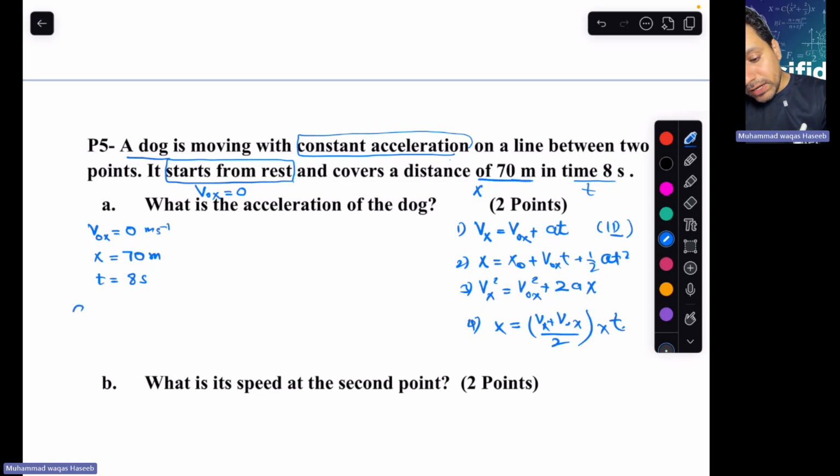He is asking you to calculate the acceleration. We can calculate acceleration from the first equation if we know the initial velocity, the final velocity, and the time. We have the initial velocity and the time, but we don't have the final velocity.